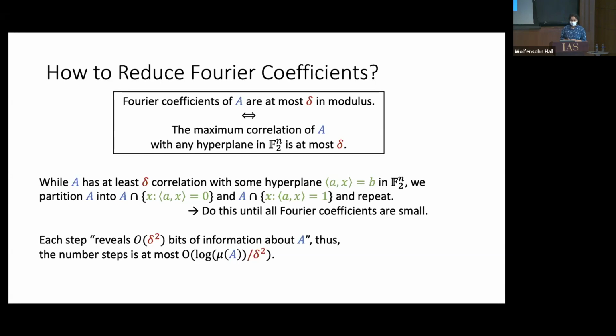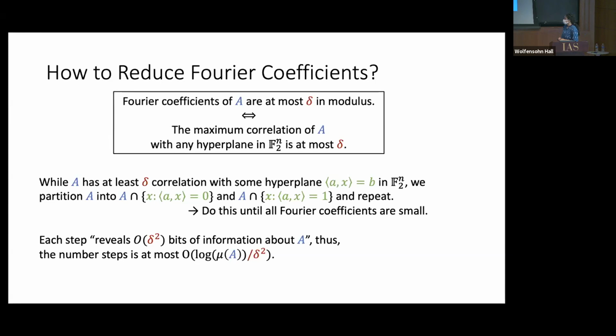A word connected to this is the density increment argument. This occurs from the proof of Roth on three-term arithmetic progressions. Right. And this is very similar to Meshulam's case in the hypercube, where he proves three-term arithmetic progressions in the hypercube. There it's exactly hyperplanes. Right.